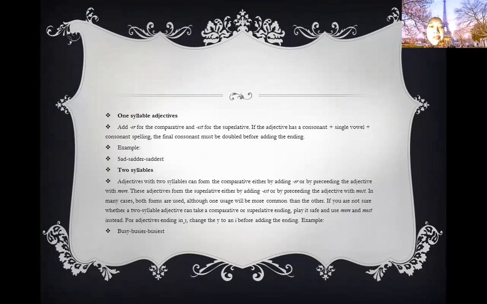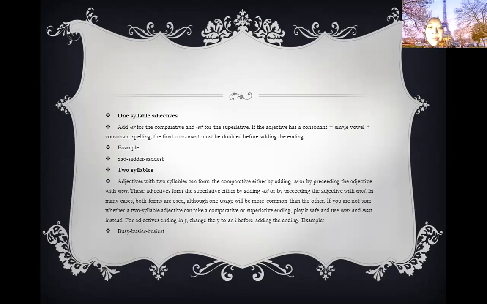Okay, another information about this, one syllable adjectives. Add ER for the comparative and EST for the superlative. If the adjective has a consonant plus single vowel plus consonant spelling, the final consonant must be doubled before adding the ending. Example, sad becomes sadder, and for the superlative, saddest. And how about two syllables? Adjectives with two syllables can form the comparative either by adding ER or by preceding the adjective with more.